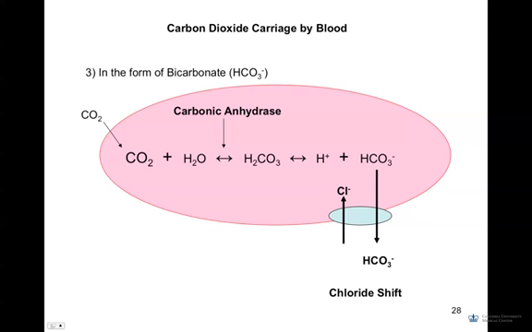HCO3 goes into the cell and goes through the reverse reaction, forming CO2 and leaving the cell. Okay. And this tendency for chloride to get pushed back and forth into and out of the cell, depending on the HCO3 concentration gradient, is sometimes referred to as the chloride shift. It's not very significant for our purposes, but it's just something to be aware of.